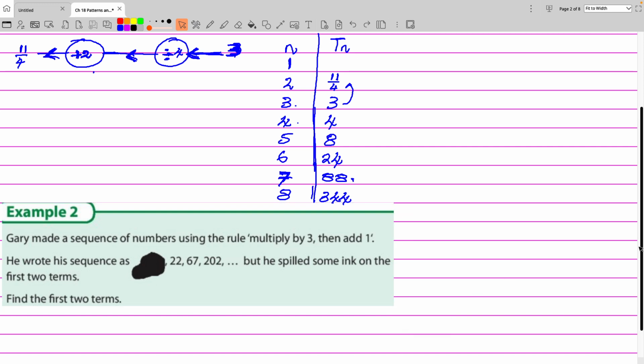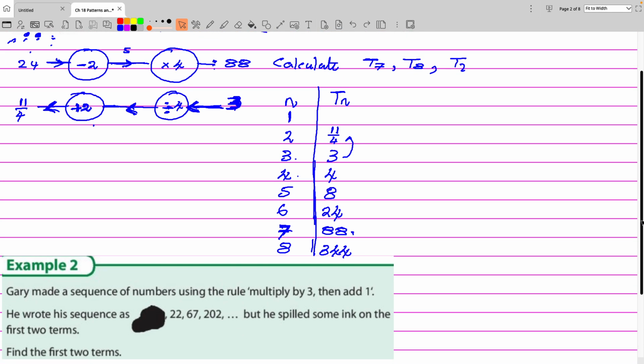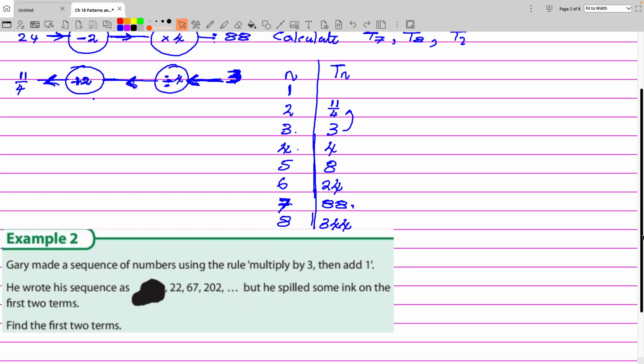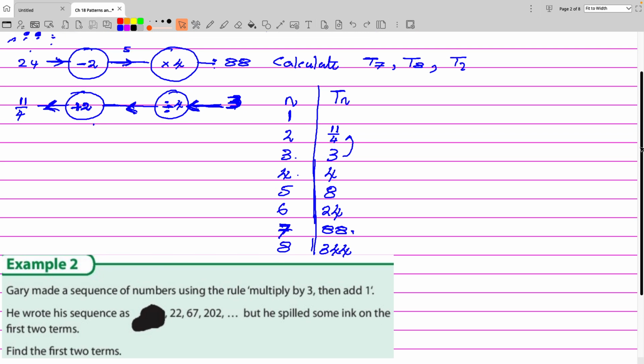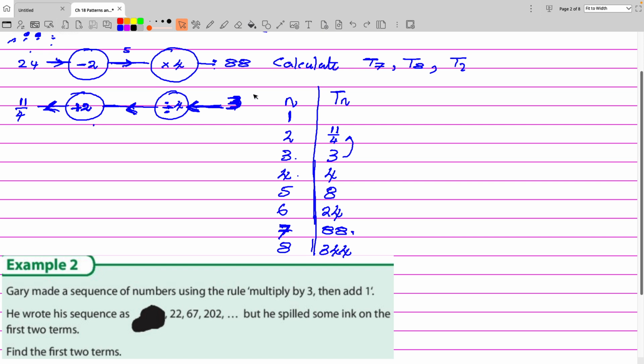Is that still readable? Now this is the same as the last example.